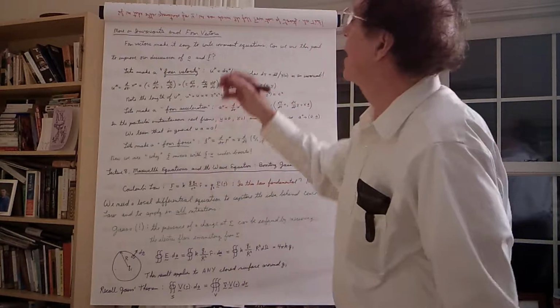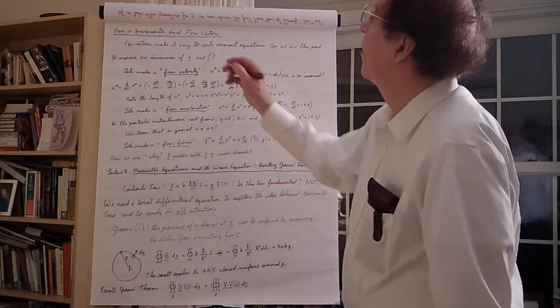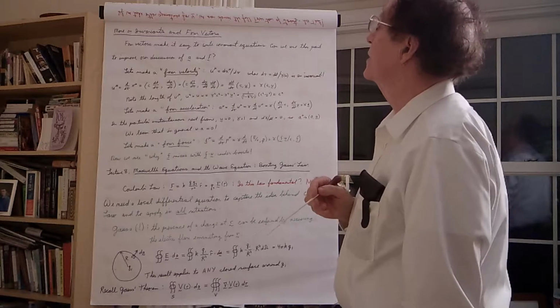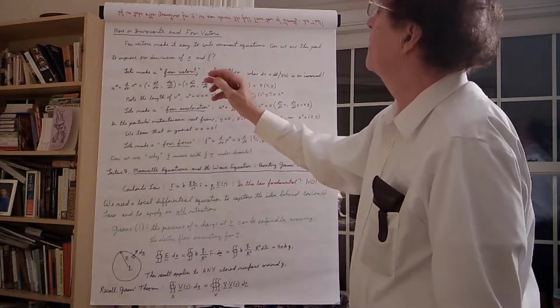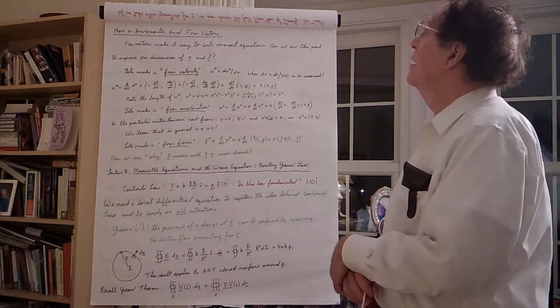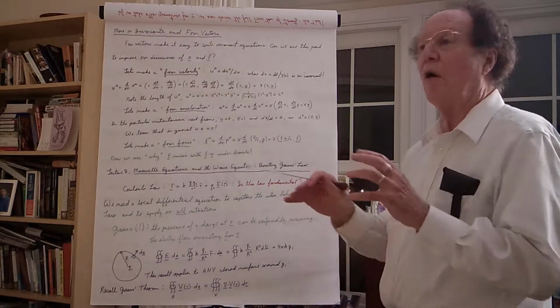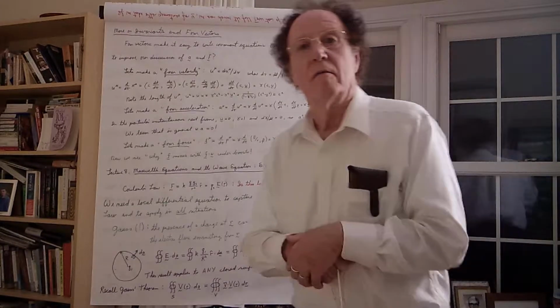So I'll spend just a moment on that here. More on invariants and 4 vectors in special relativity. Remember, 4 vectors make it easier to write covariant equations. 4 vectors just transform under Lorentz transformations always in the same way.